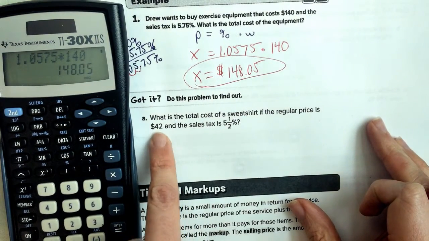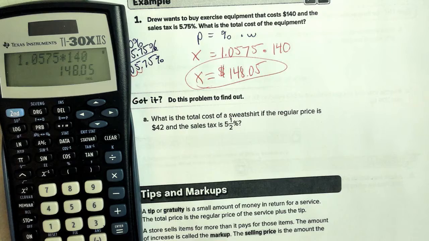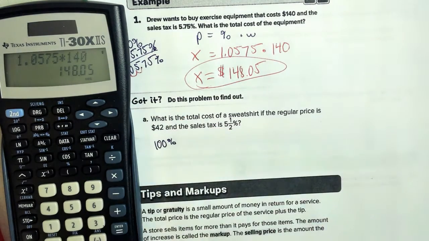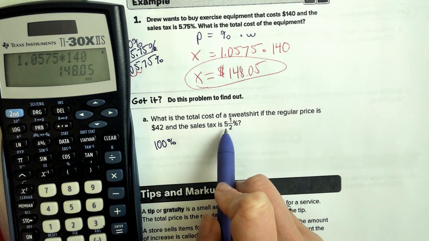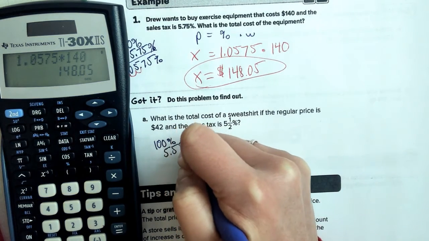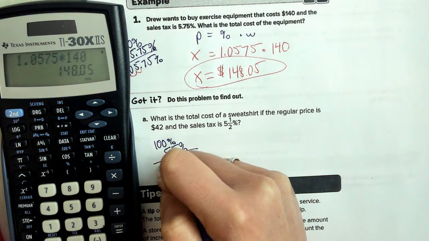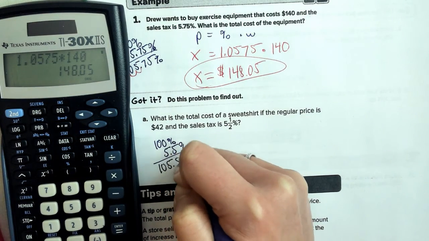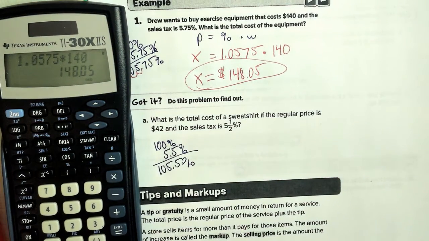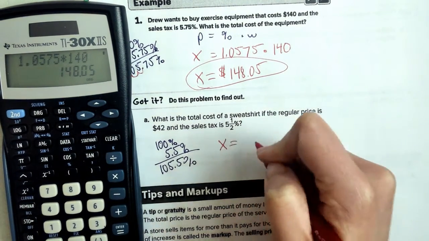On the next one, it'd be the same type of thing. You have 100% of the regular price that you have to pay. And then you also have this 5.5% tax. So I'm going to write it as 5.5. So total we're paying 105.5% of the cost. We're looking for our part.